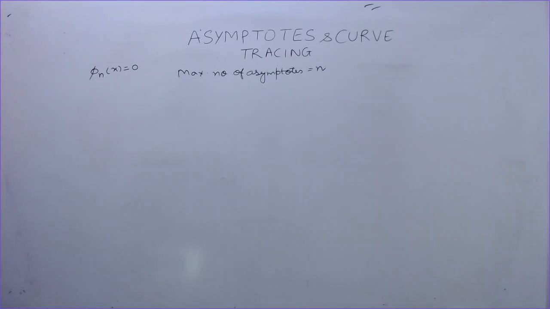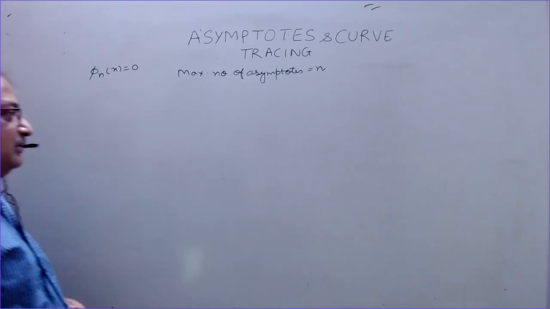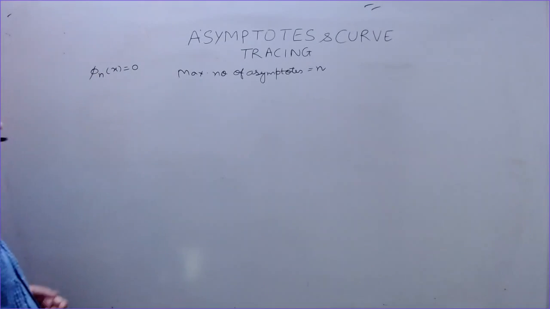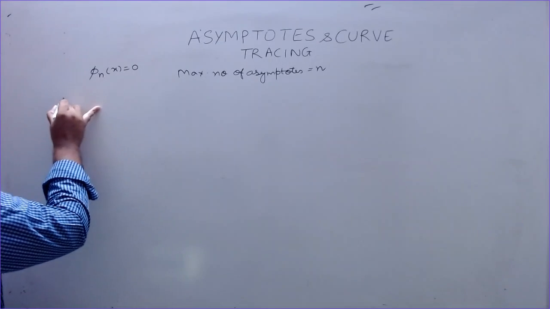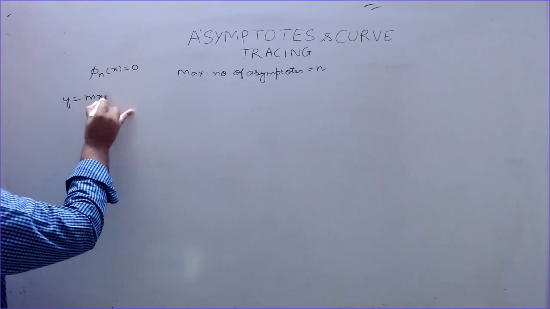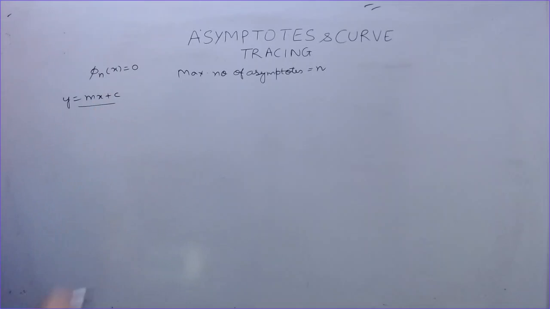Now there is a standard procedure for finding the asymptote. Suppose y is equal to mx plus c is an asymptote. This is the equation of a straight line, and m is its slope.